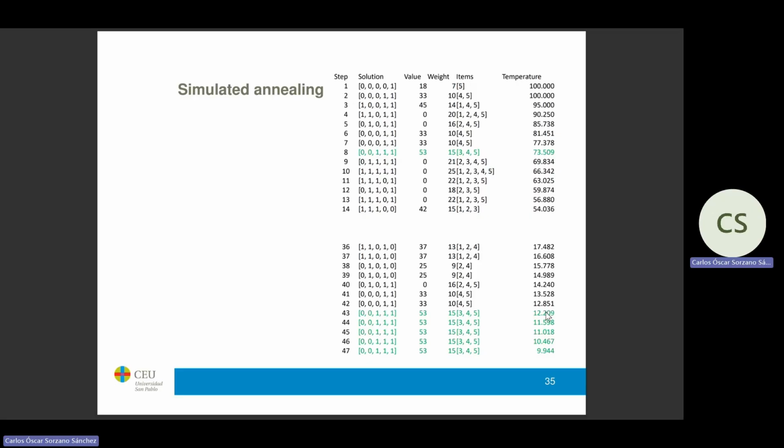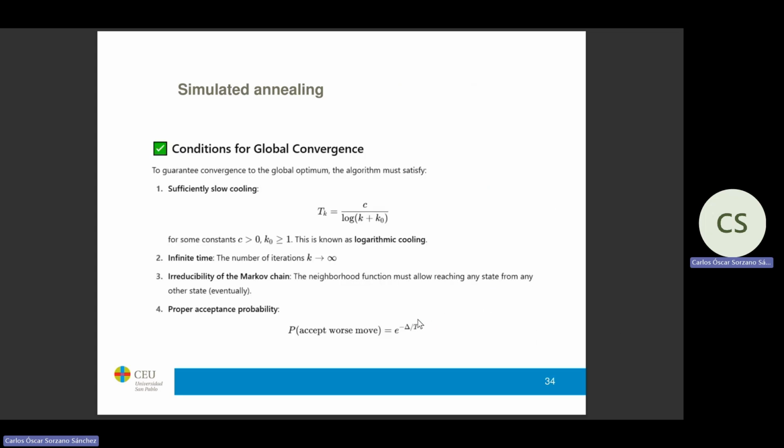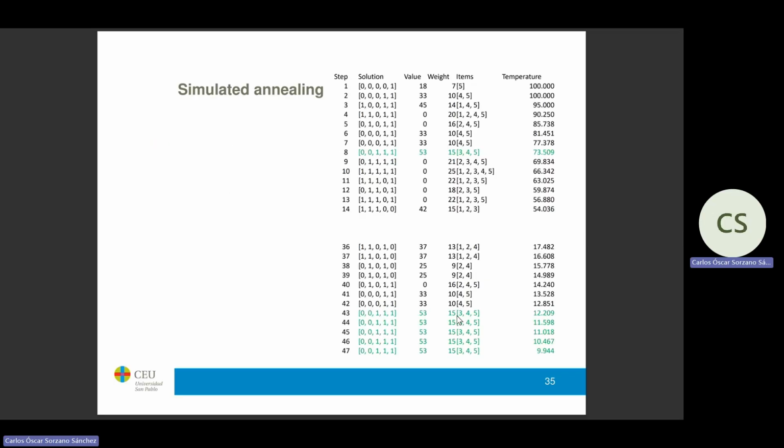Okay, so it is 12.209. At some point, you don't change anymore, because the gap in the change compared to the temperature, that is what you are computing here, doesn't allow you. It gives you a very low probability of acceptance, and then at some point you stay with the global optimum.